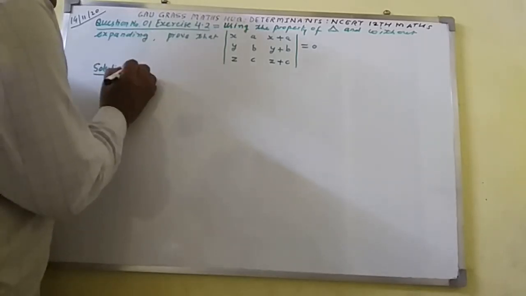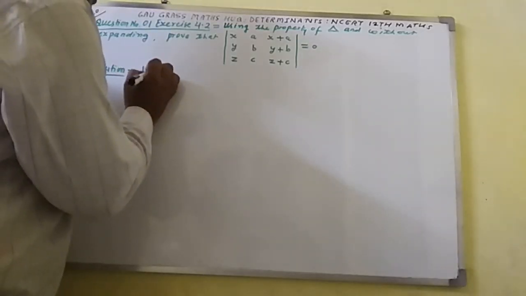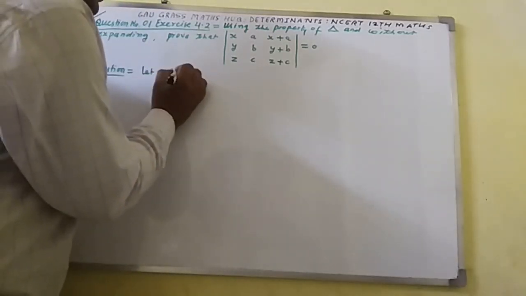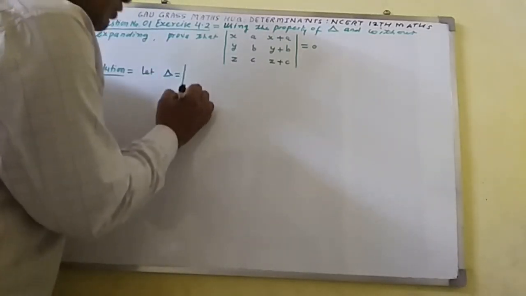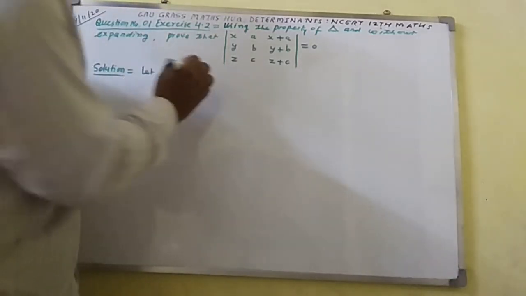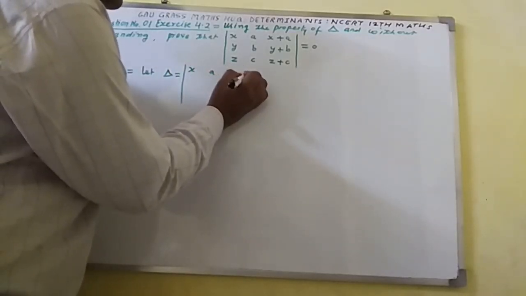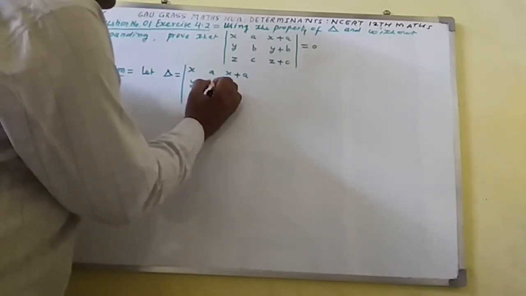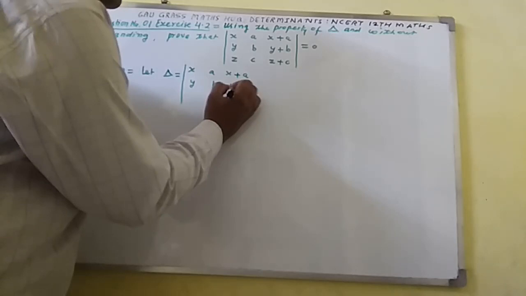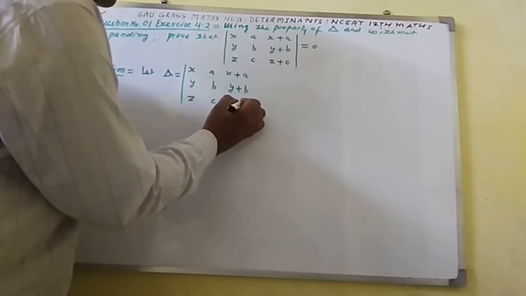Solution: let the determinant equal, opening the vertical lines, the elements of first row x, a, x plus a, second row y, b, y plus b, and third row z, c, z plus c.